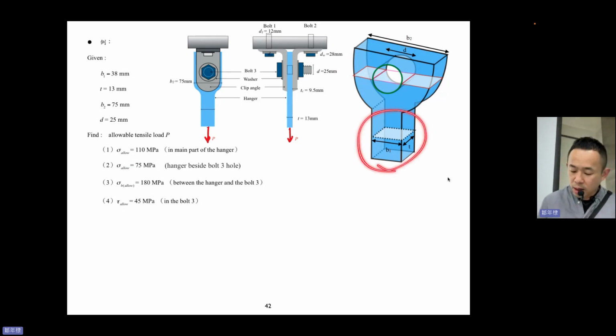Okay, first one, the main part of the hanger, the sigma allowable is 110.